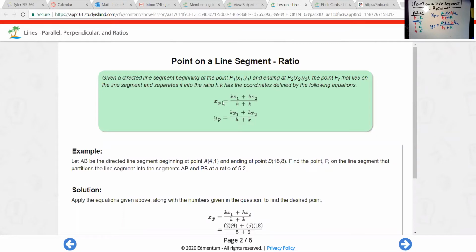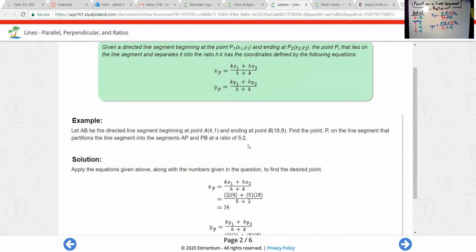There's the formula right there, or the equation for the X point and the Y point. The points are (4, 1) and (18, 8). If you look at the formula, they put XP as K times X1 plus H times X2 over H plus K. K is 2 and X1 is 4, so 2 times 4 is 8.